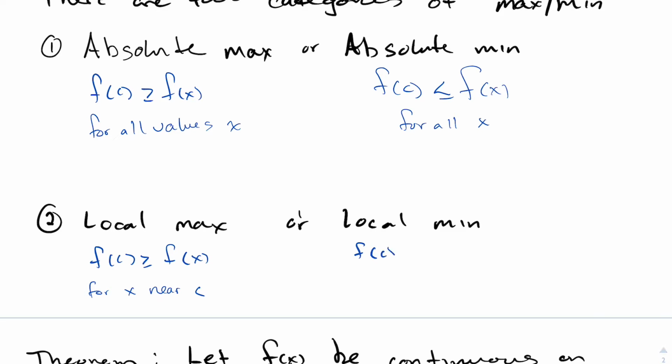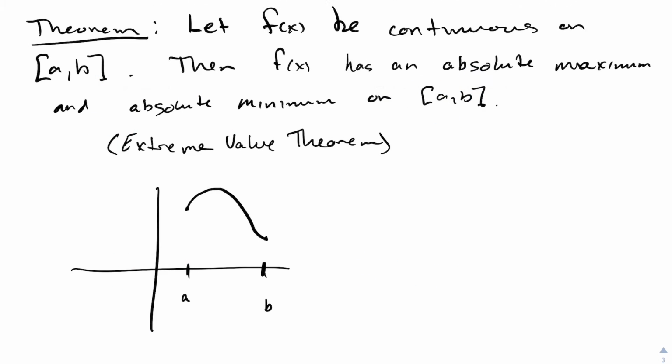And again, a local min will be the points f of c that are less than or equal to f of x for the x values near this given c value, right? And so what we're going to do is talk about exactly how to find these absolute max and mins, and later we'll discuss how to find these local max and mins.